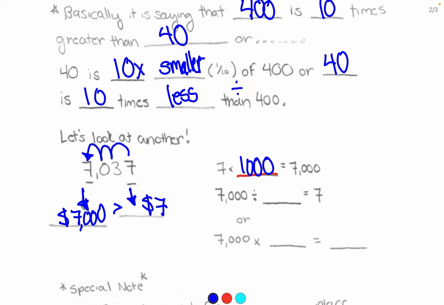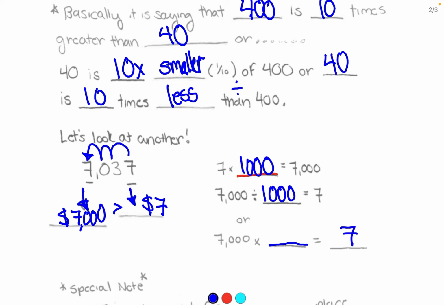Or if I was to go the other way, what can I divide 7,000 by to get 7? Well, 7,000 divided by 1,000 would get me 7. Or what fraction can I multiply it by? 7,000 times what fraction number is going to get me 7?